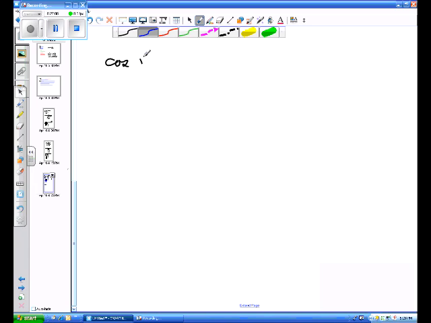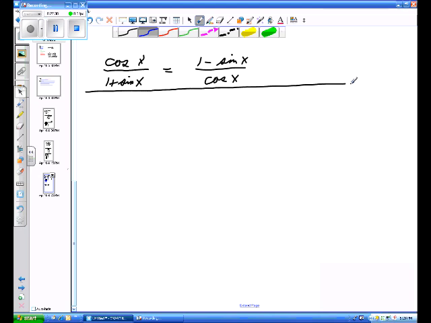Cosine x over 1 plus sine x is equal to 1 minus sine x over cosine x. Now in either case, both of these look about equally complicated.